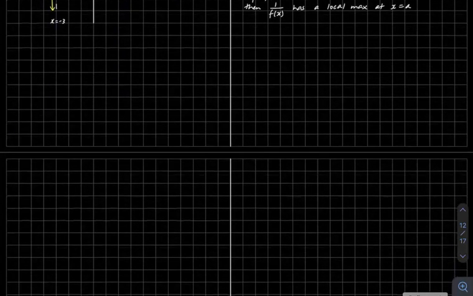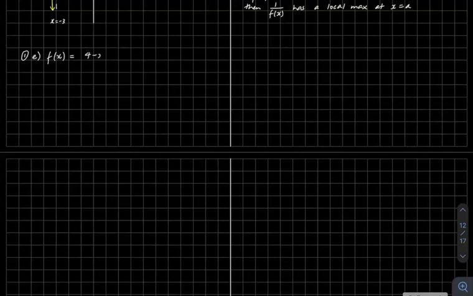Where are we? Question 1. We're still in that same exercise, and part E was f of x equals 4 minus x squared. So I want to graph that and also its reciprocal. So 4 minus x squared is a parabola. Let's try and draw a parabola here, a parabola which has a y-intercept of 4.